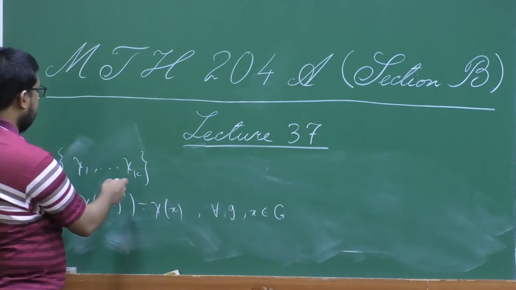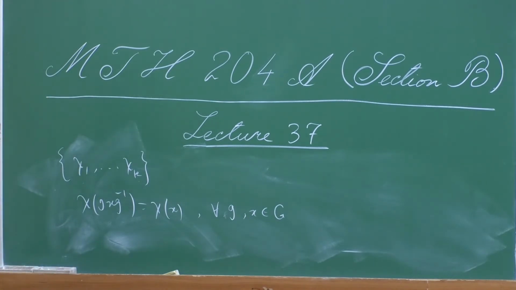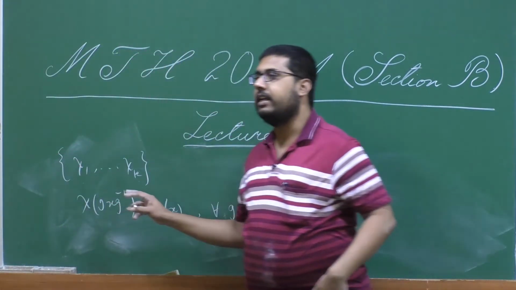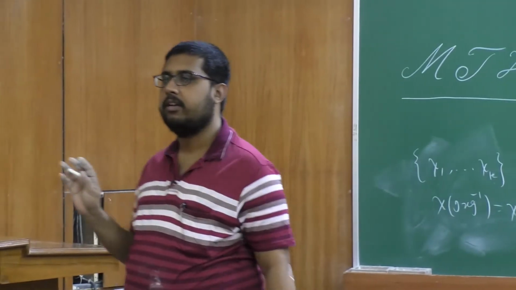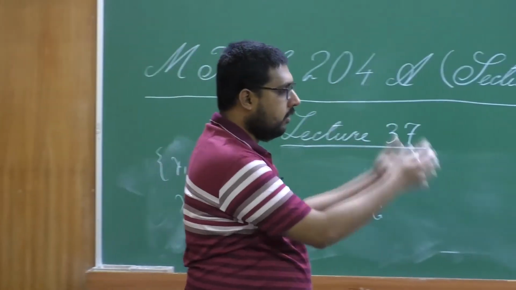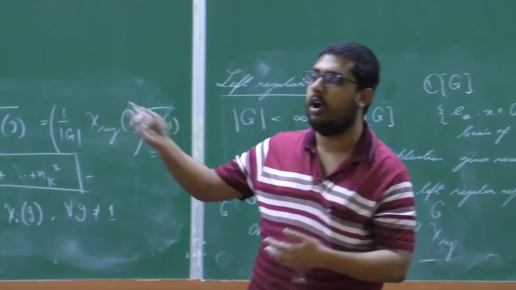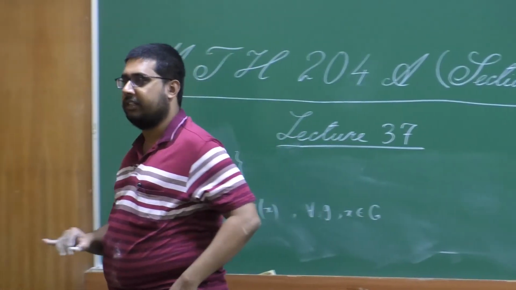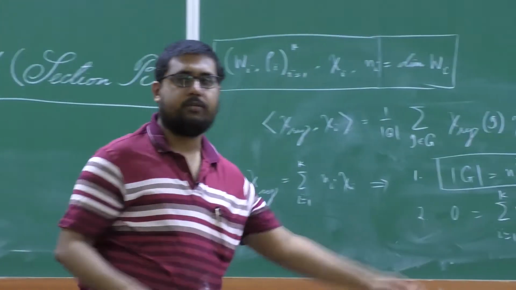Since each chi I has this property, so does any linear combination of them. So whatever function you pick from their linear span has this property that on each conjugacy class it has to be constant. But of course, it is evident that there are too many functions which need not be constant on any conjugacy class. So we cannot expect that this orthonormal set will be a basis of the whole of CG.